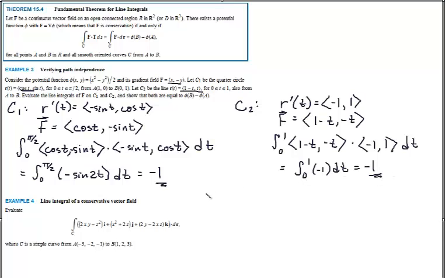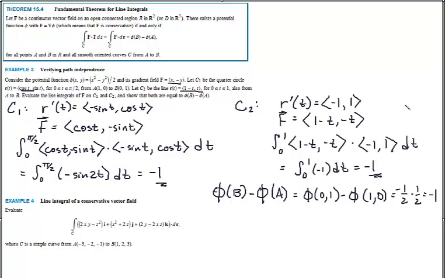Next I'm going to use our theorem to say phi of b minus, oops, that's supposed to be a phi. Alright, using my theorem, I get that this also equals -1.